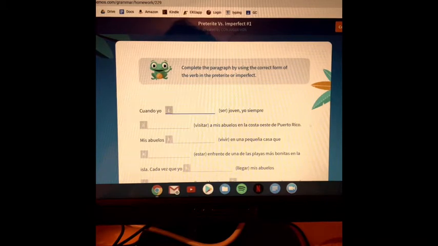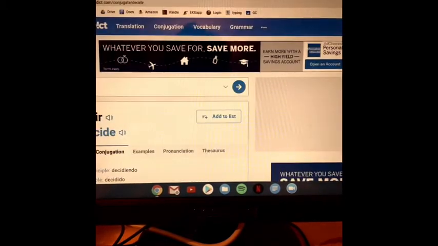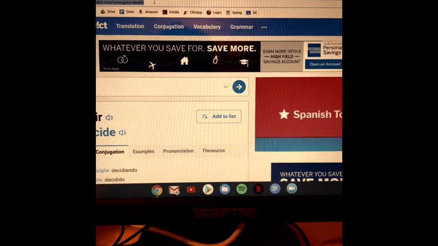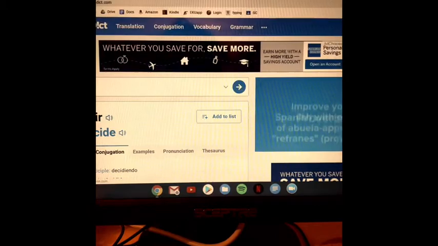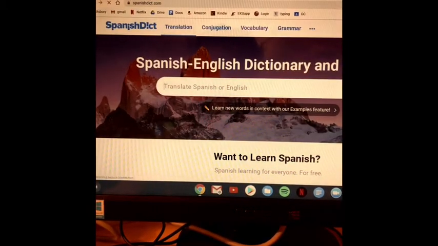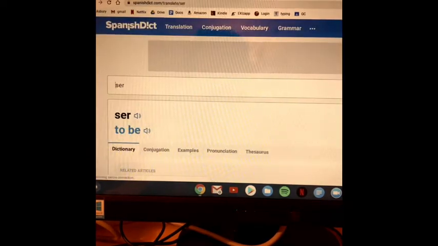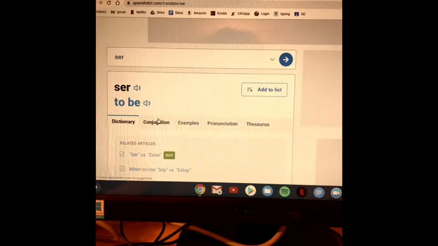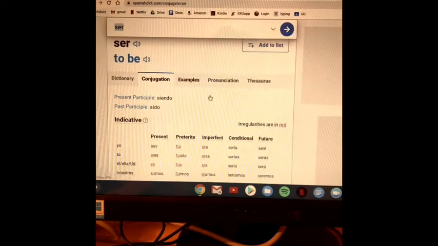So if you can't remember what the imperfect conjugation for ser is, I think the best place to go is Spanish dictionary, okay? You want to go here, look up ser, and you can just go down here to conjugation. Now, if it helps you better to write them out and remember, that would be good too.